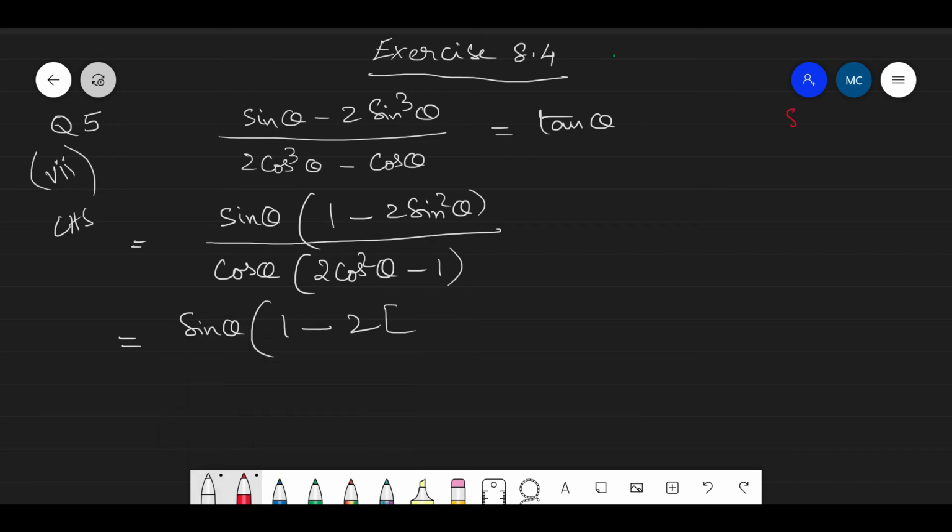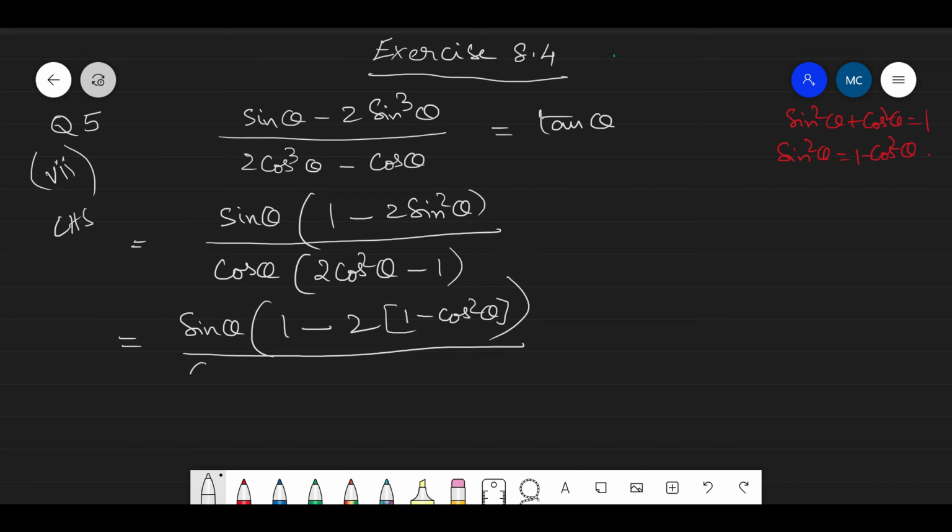So we have this identity, sin square theta plus cos square theta is equal to 1. From that we will be writing sin square theta is equal to 1 minus cos square theta. So we will do that. Now here sin square theta is taken as 1 minus cos square theta. See, always keep in mind we are going to convert only in the numerator. We are not going to disturb the denominator.